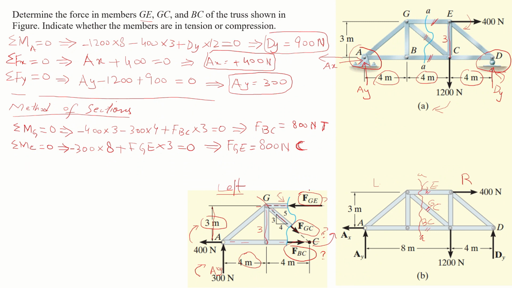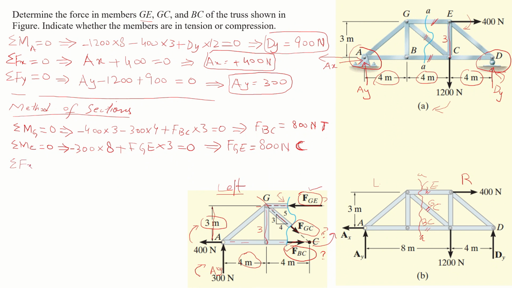So we have found FGE, we have found FBC, and only one unknown remains, that is FGC. We can see that FGC can be found by applying the other equilibrium equations, which are sigma Fx or sigma Fy is equal to 0. So we can use any of those equations.